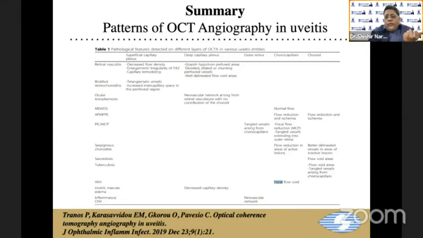So now, from what I showed you, with fluorescein angiography you're looking at early hyperfluorescence with late hyperfluorescence, and you're trying to look at block fluorescence and trying to see whether it's a pigment or a hemorrhage. We are now going towards pattern recognition of OCTA images in uveitis. You can see that in retinal vasculitis and in birdshot chorioretinopathy, it is the superficial and the deep capillary plexus that is involved.